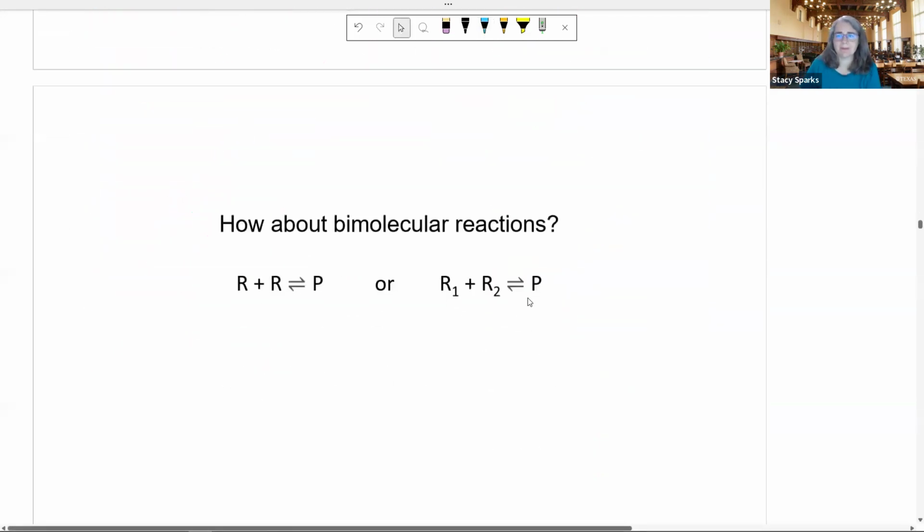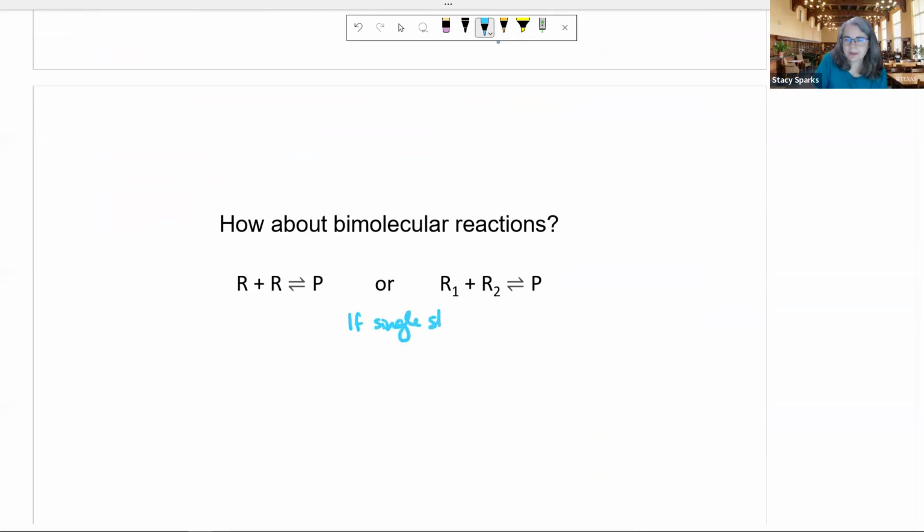All right, so that was for a unimolecular reaction. Let's talk about bimolecular reactions, which are very common in biochemistry. So in a bimolecular reaction, we'd have 2 molecules interacting to go to our product or products. If they're a single step, we can write our rate law.